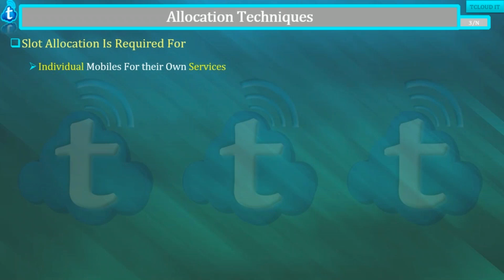And if you want to send an SMS, you will calculate and say, hey, this many slots I require to send an SMS. You will be demanding that many slots. For example, we can roughly calculate the number of slots required for an SMS. Typically, your SMS will be 160 characters.